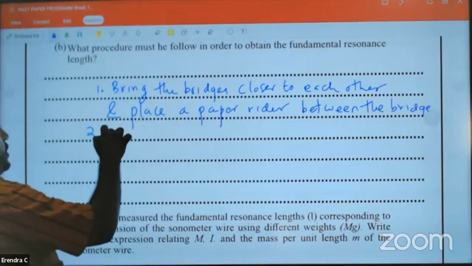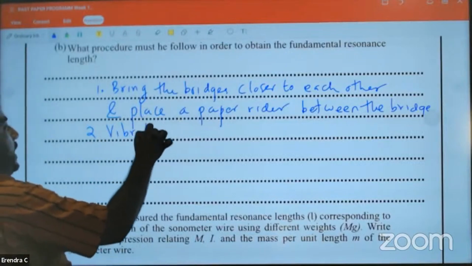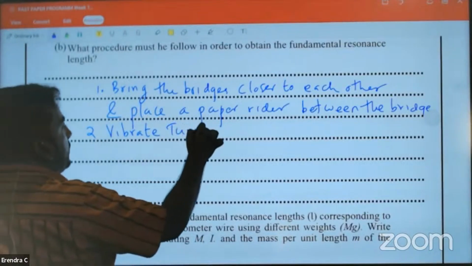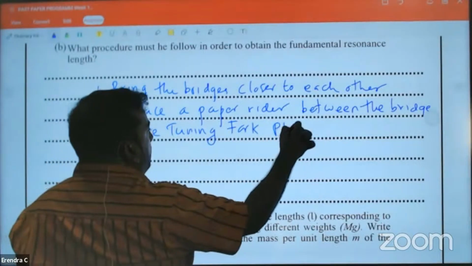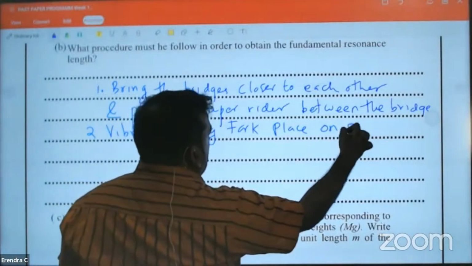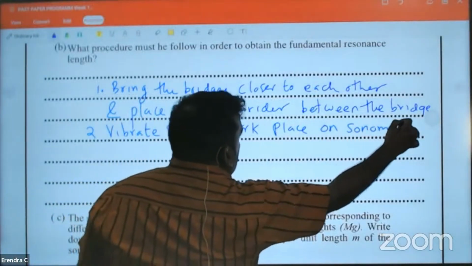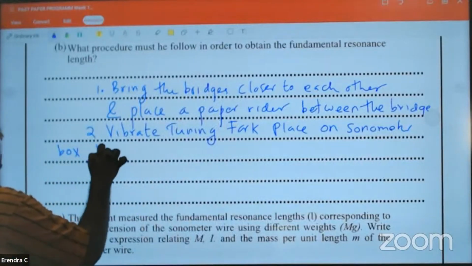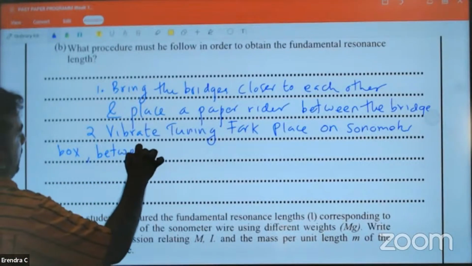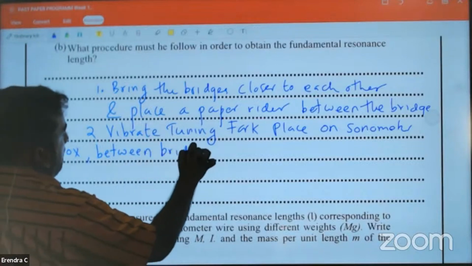Vibrate the tuning fork. Place it on the sonometer box, between the bridges.